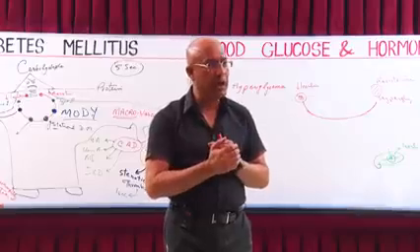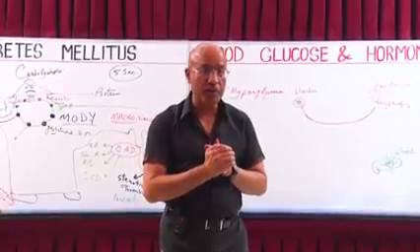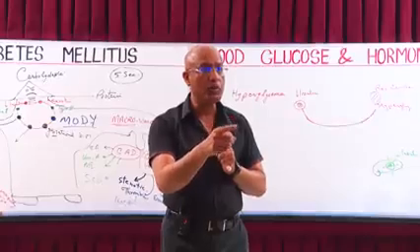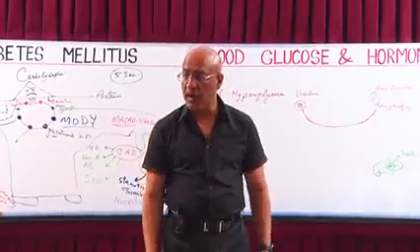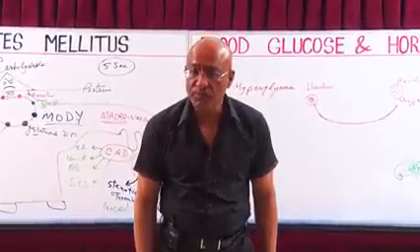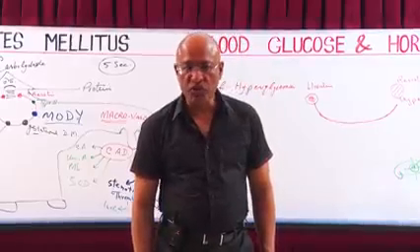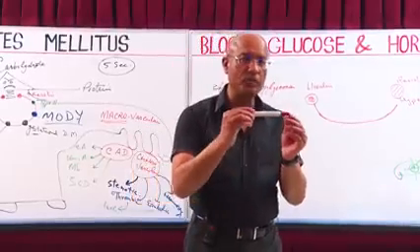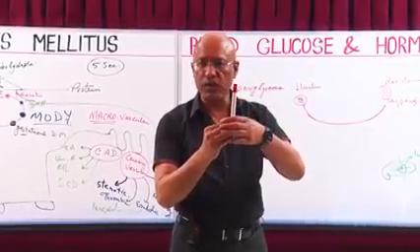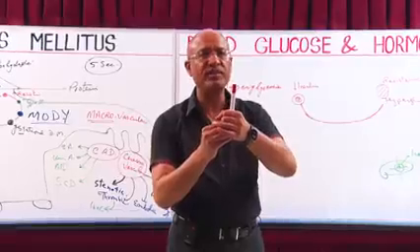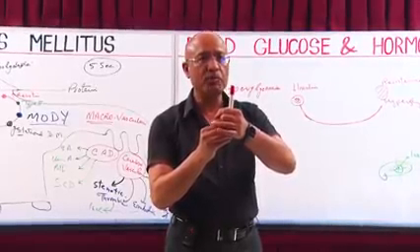But if there is a patient with diabetic neuropathy and diabetic autonomic neuropathy, and that autonomic neuropathy is damaging the sympathetic neurons to the blood vessels, the patient may suffer from orthostatic hypotension or postural hypotension, because from lying down position, when he stands up, the sympathetic nervous system is not working and vessels will not squeeze, and blood will not be returned properly to the heart.